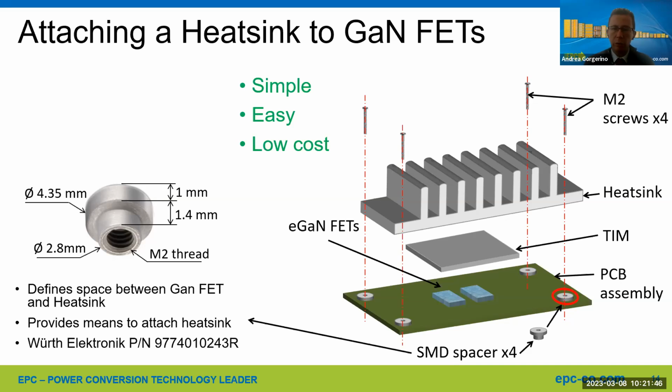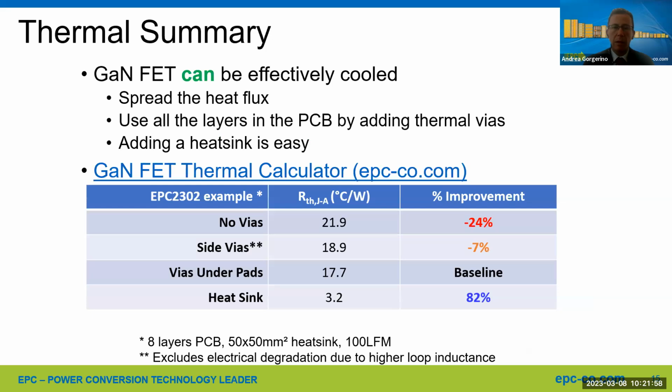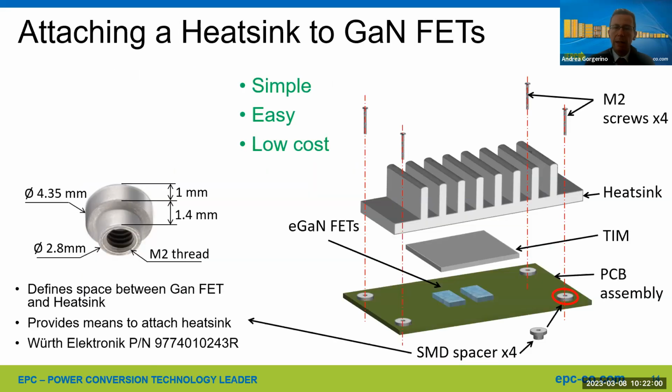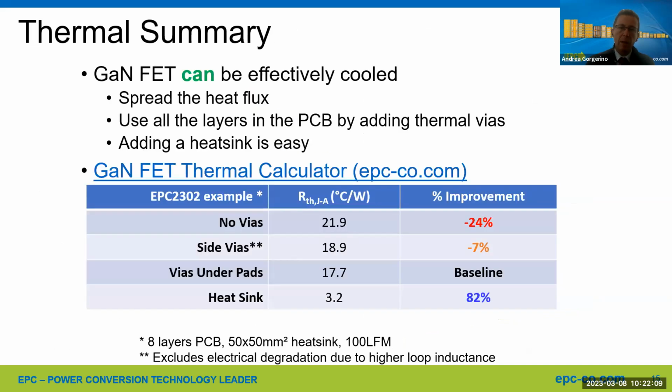You just mount it with screws, and the standoffs provide the height and the compliance versus the PCB and the devices, and they provide the compression to the TIM. So it's an extremely simple assembly method. We have many examples of exactly this approach in our reference designs and demo boards.